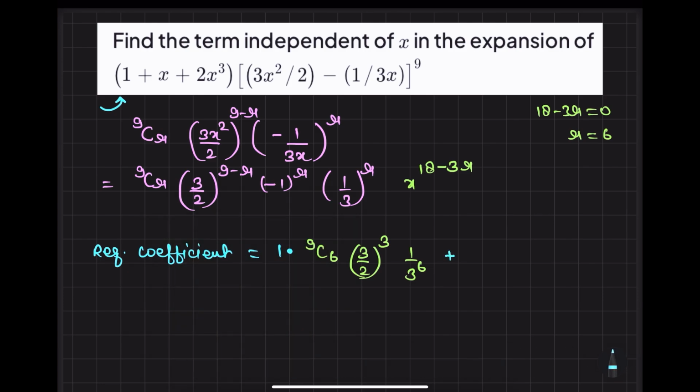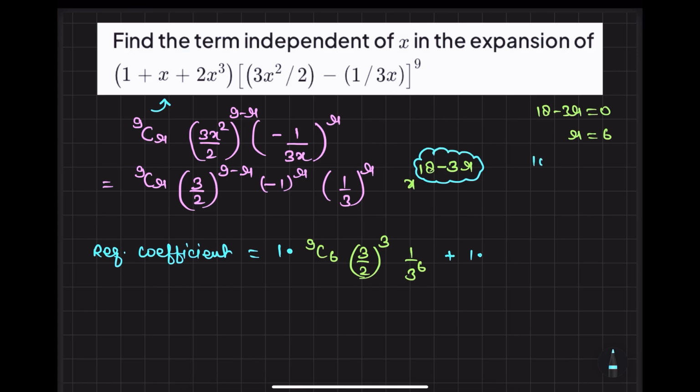Now look at this part. I want this person to fight. So he will fight with whom? He will fight with the person who will have power minus 1. Right? So x power minus 1 will be multiplied with x, and then it will become x power 0. Okay, so its coefficient is 1. I want this value to become minus 1.